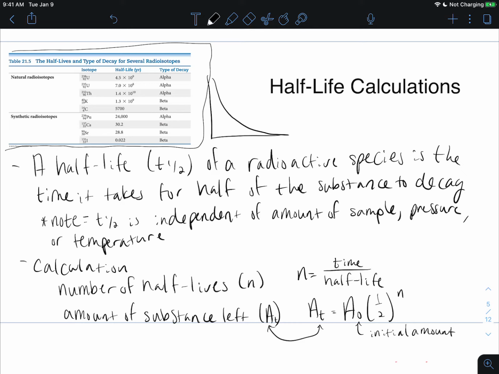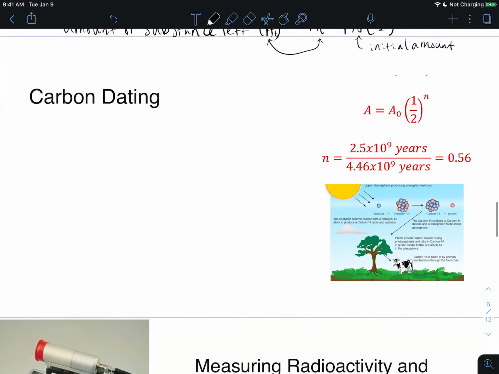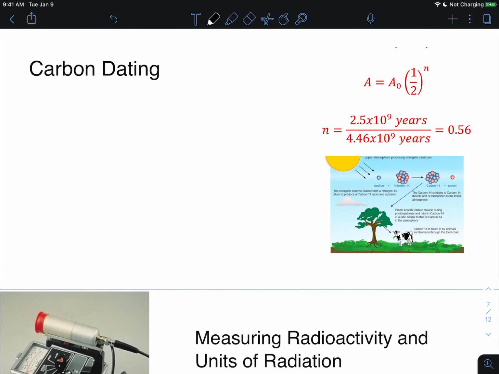Okay. We use the half-life of carbon in order to do something called carbon dating. And carbon dating is a technique that's used in order to find out the age of something that was once living.